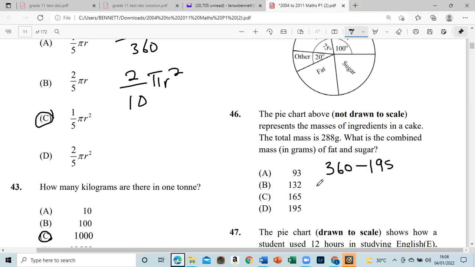So these are going to represent in terms of degrees how much the fat and sugar combined. That's our 165. So this is 165, and I have to put this over 360, so that fraction of the 360 and the entire amount.